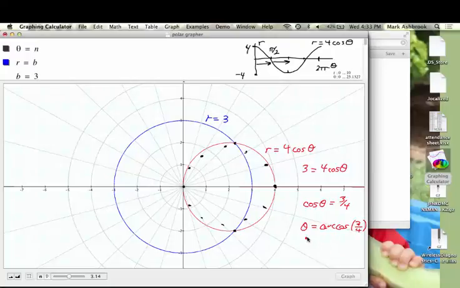And we know the corresponding r value. What is the r value? 3, right? That was the whole point, that it's on the circle r equals 3. So the coordinates of this point are arc cosine 3/4 and 3.